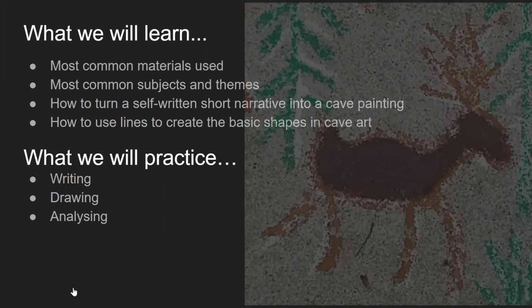Also, how to use primarily just lines to create the basic shapes in cave art. To practice this, we're going to be using our writing skills, drawing, and analyzing skills. So looking at what others did, or ourselves, and seeing how it worked out and how easily pictures can convey versus just words.